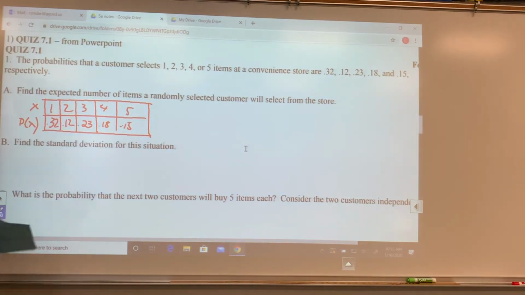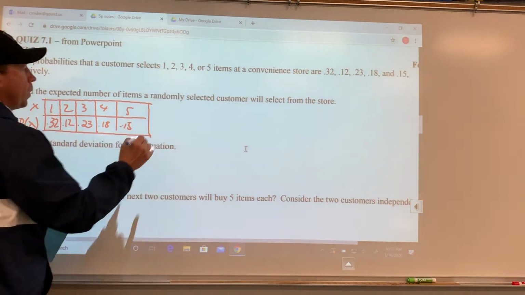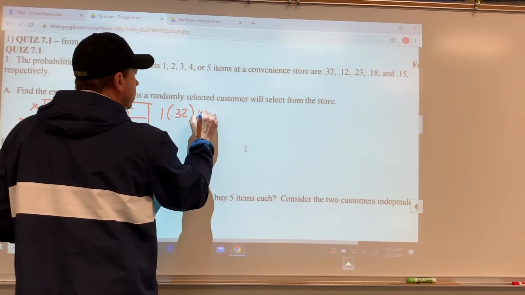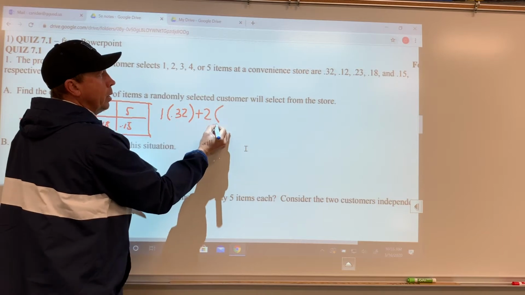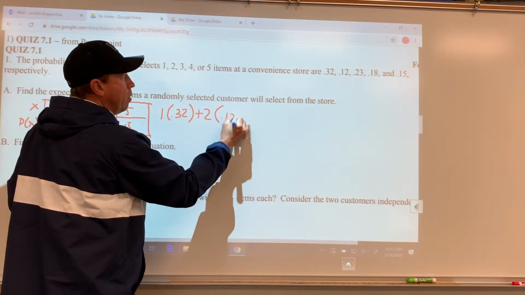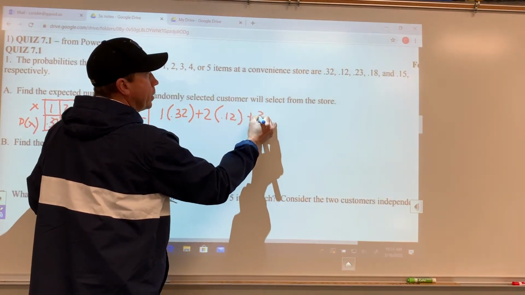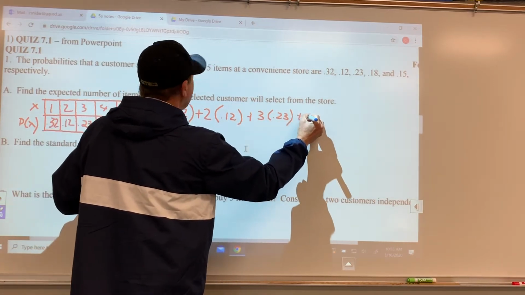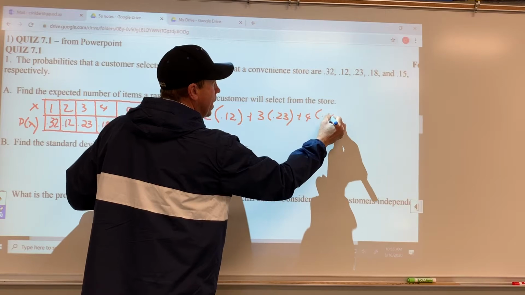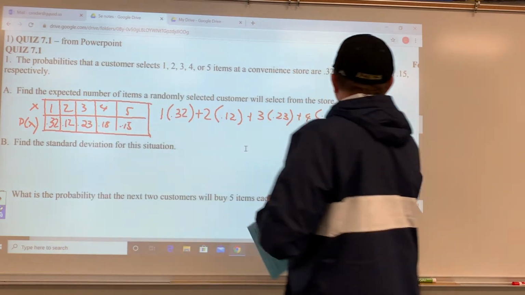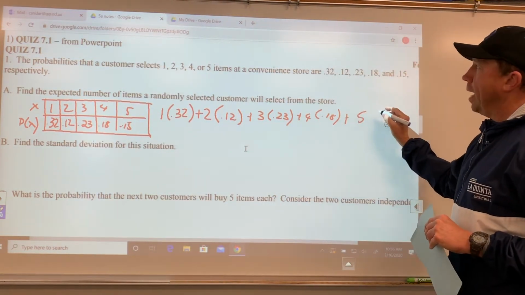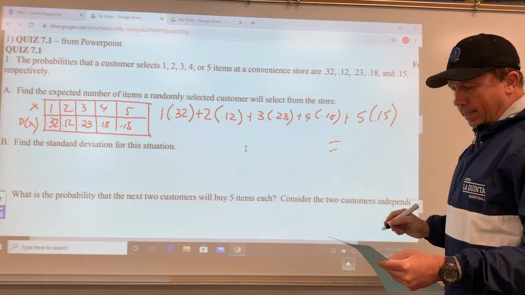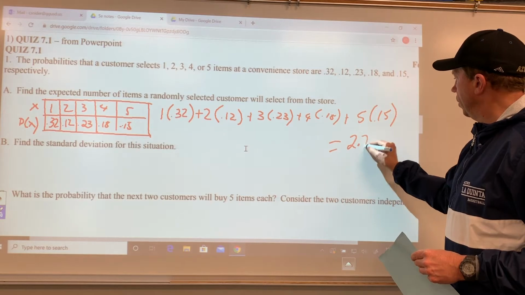All right, and now I'm simply going to multiply these out. 1 times 0.32 plus 2 times 0.12 plus 3 times 0.23 plus 4 times 0.18 plus 5 times 0.15. And the answer is 2.72.